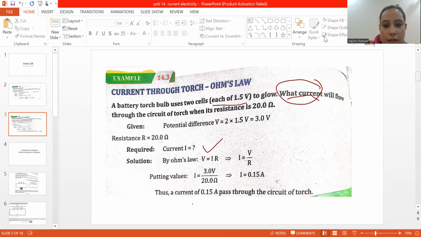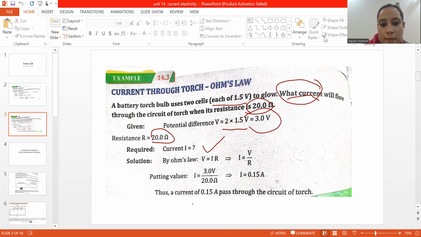The resistance of the torch circuit is given to us, that is 20 ohm. As we are using two cells, we will multiply 2 with 1.5 volt to get the total voltage or potential difference present in this torch bulb, right? After multiplying 2 with 1.5, we will get 3 volts.